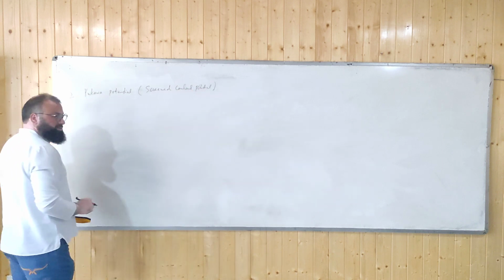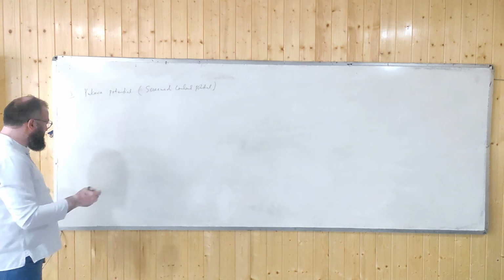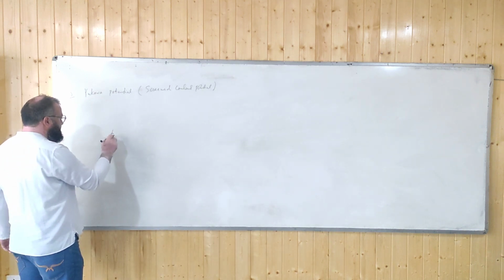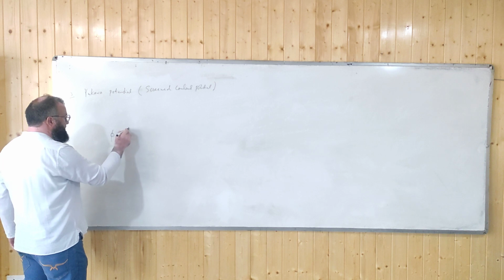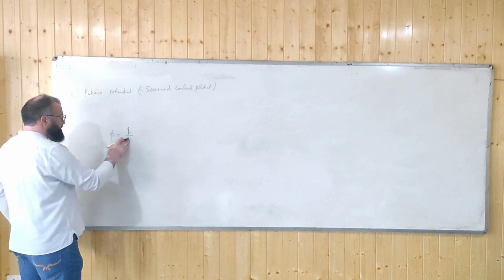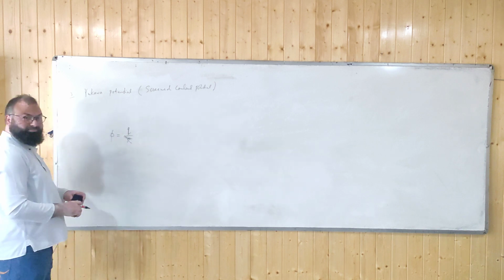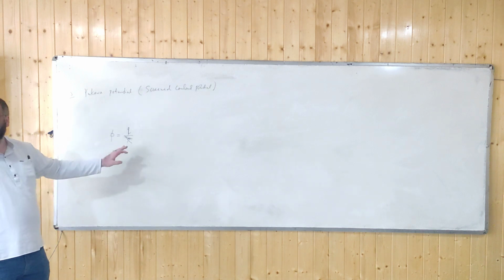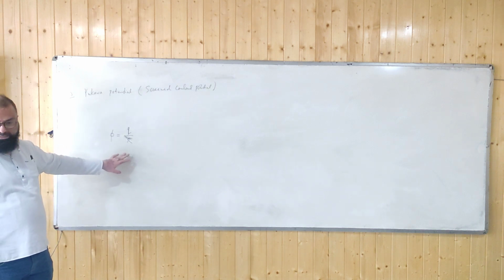If you look at the potential, phi is equal to, let's say, Q by R. This is actually the long range potential.